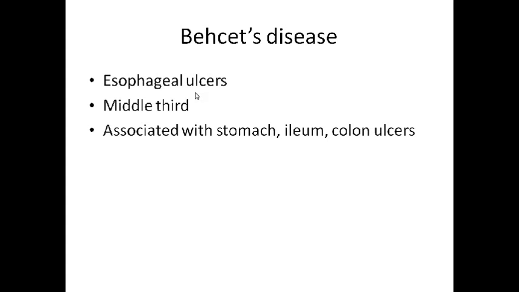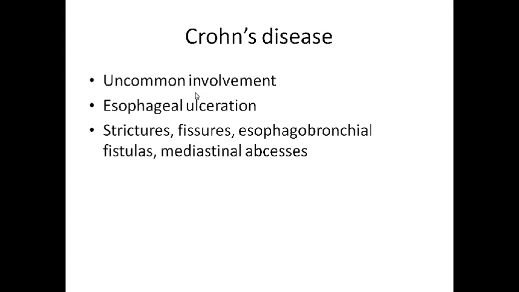It usually will start in the colon and then go up into the small intestine, and then end up into the esophagus. So with more advanced Behçet's, I think we would see ulcerations with this. And again, you're going to see it more in the middle third of the esophagus.